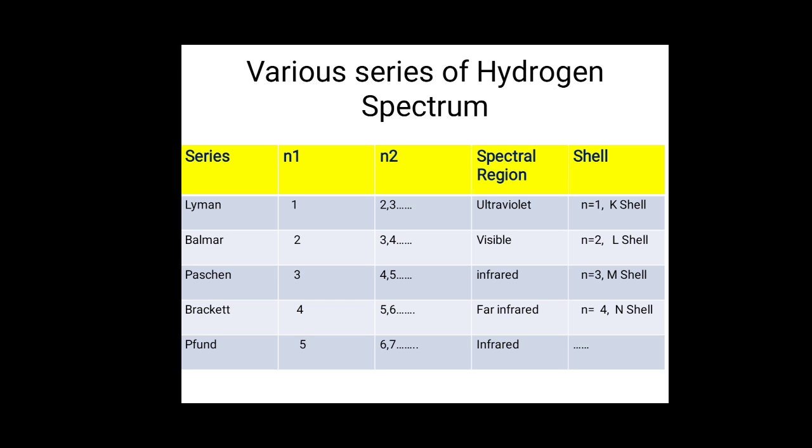Balmer series: n equal to 2 in the L shell. In the Paschen series n is equal to 3 in the M shell. In the Brackett series n is equal to 4 in the N shell.